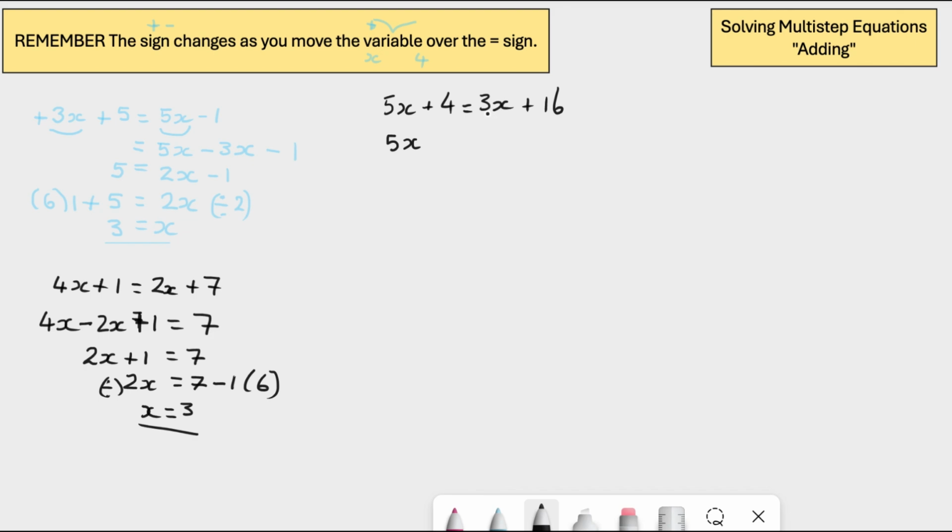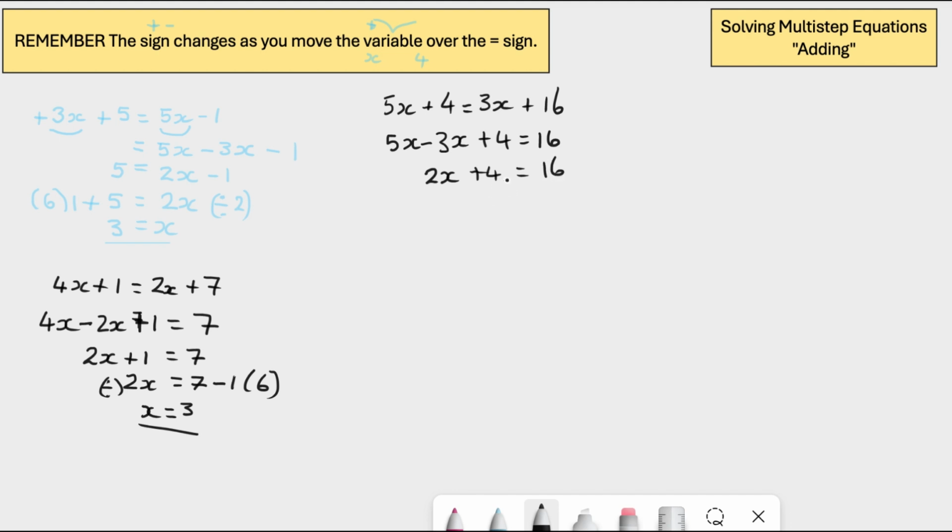So it's a plus. We're going to take it over the equal sign. It's negative 3x plus 4 equals 16 so far. So we want to get x on its own. That's 2x. That's another 2x plus 4 equals 16.